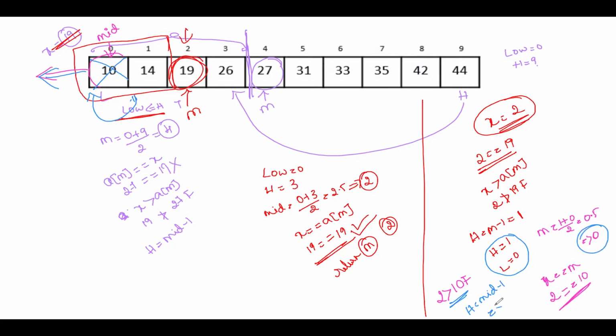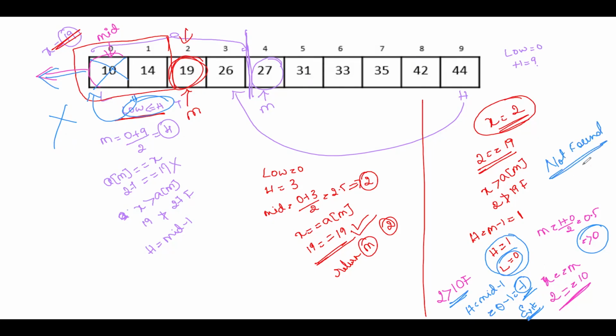So high becomes 0 minus 1, which is minus 1. Now my low is 0 and high is minus 1, which means low is not less than or equal to high. This condition itself fails, so we exit the algorithm and simply print that the element is not found.